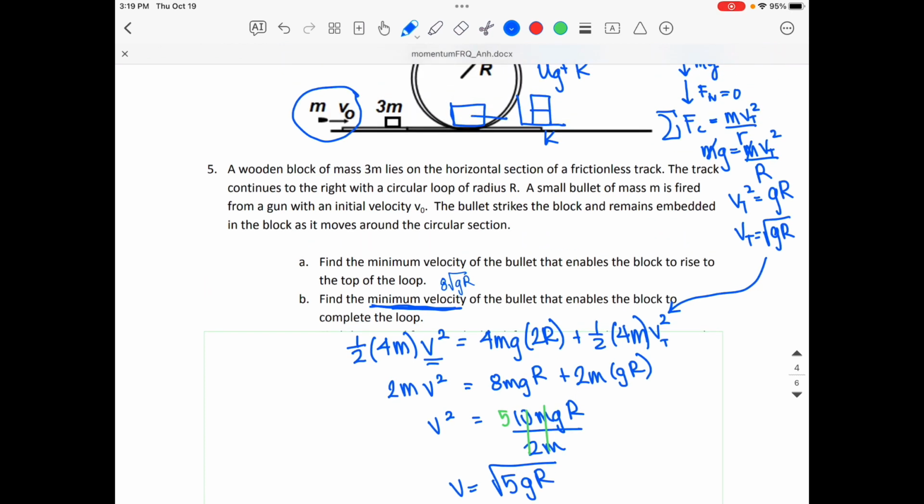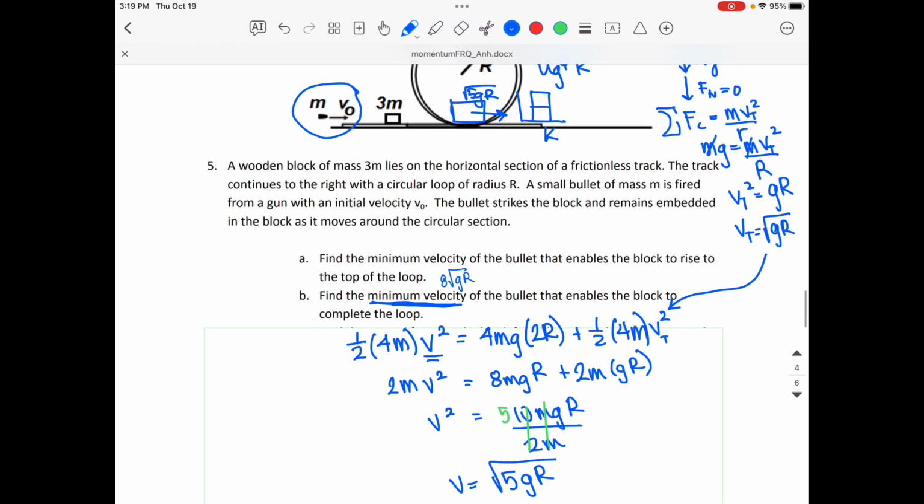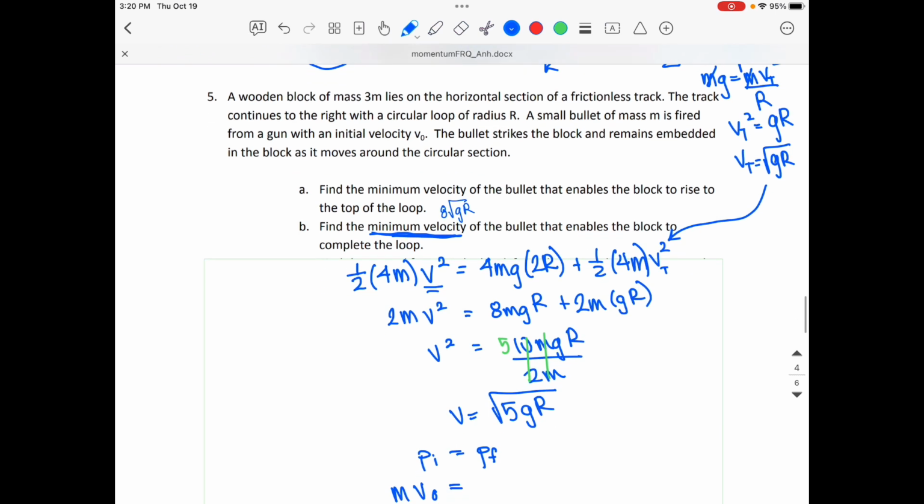So that's not, again, my final answer. That's just the velocity of the combined block and bullet moving to the right. So what I need, again, is conservation of momentum. I'm going to take my P initial equal to P final. My initial is just the mass of the bullet times the velocity, which is equal to the momentum of the bullet-block system moving to the right.